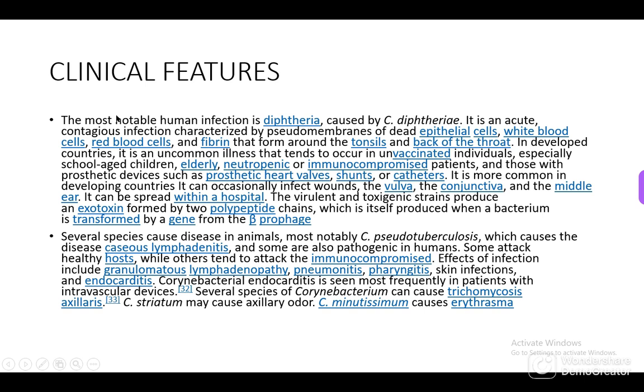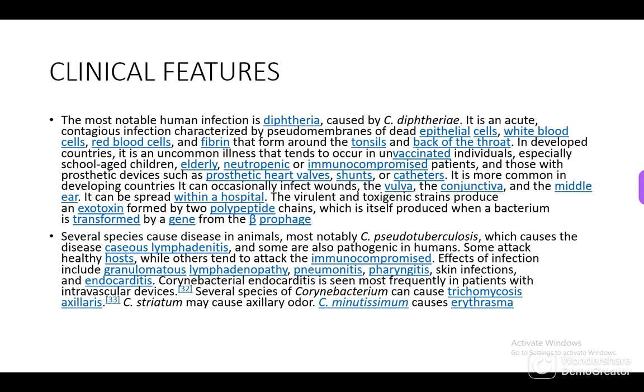Now about the clinical features of Corynebacterium, the most notable human infection is diphtheria, caused by Corynebacterium diphtheriae. It is an acute contagious infection characterized by pseudomembranes of dead epithelial cells, white blood cells, red blood cells, and fibrin that form around the tonsils and the back of the throat.